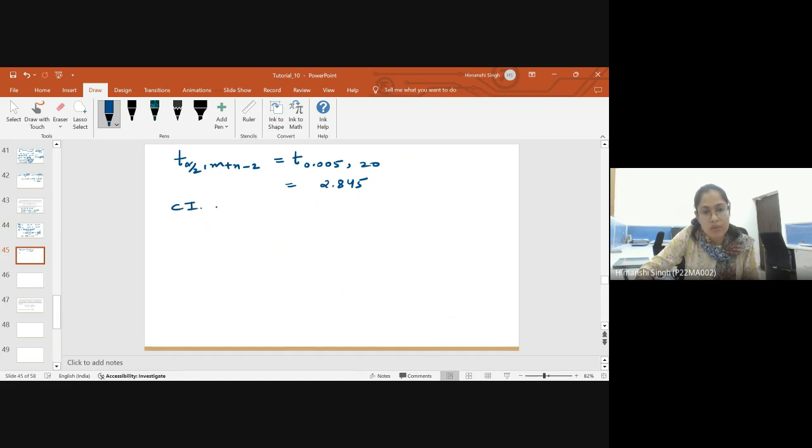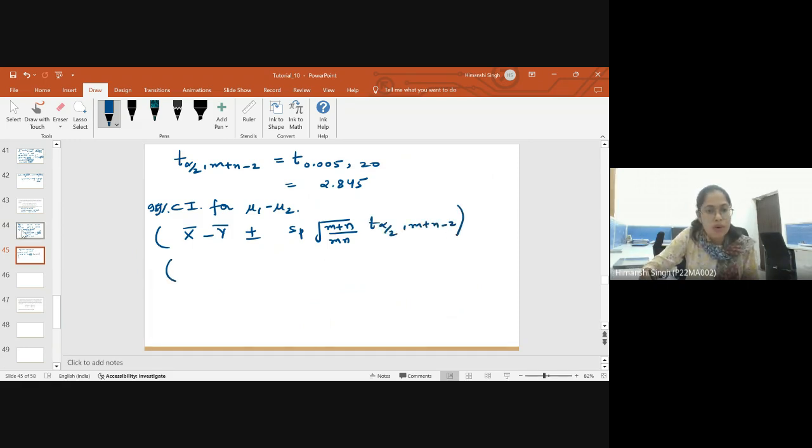Confidence interval for mu1 minus mu2, the 99% confidence interval, is given as x bar minus y bar plus minus Sp under root m plus n by mn into t alpha by 2 comma m plus n minus 2.